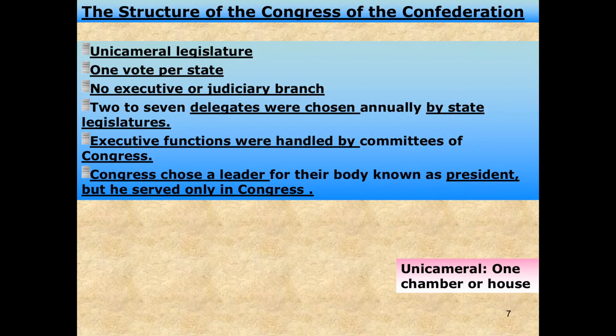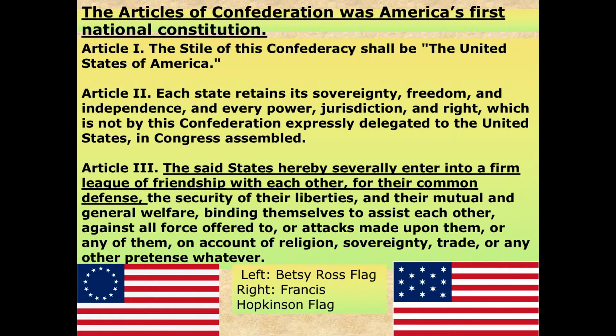So really, these articles, instead of establishing a strong and more perfect union, are going to establish a firm league of friendship, where everybody's just in it together just for the common defense, not necessarily for the greater good. And we're going to see that problem rear its ugly head when we talk about Shays Rebellion in a minute.